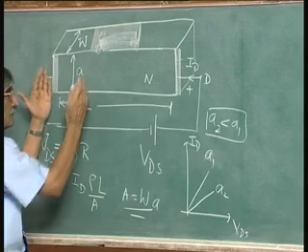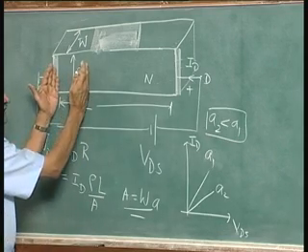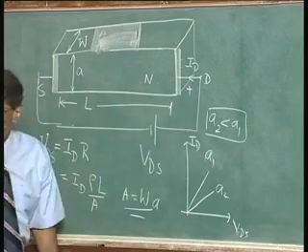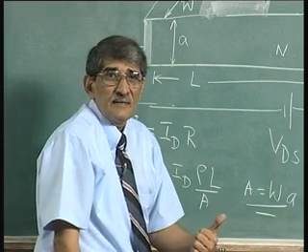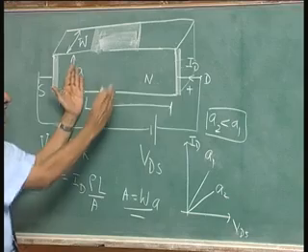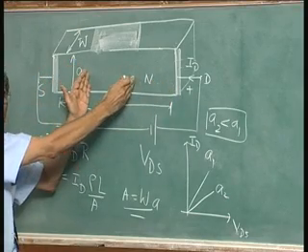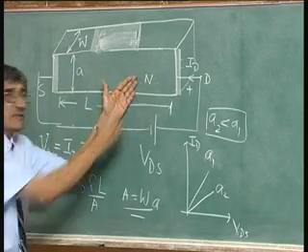In our first analysis, we will neglect the drop across that. What is the meaning of that? It is as if the contact is put here. All that we are saying is whatever VDS you are applying is practically appearing across the channel. You can do that by putting an n plus contact here.